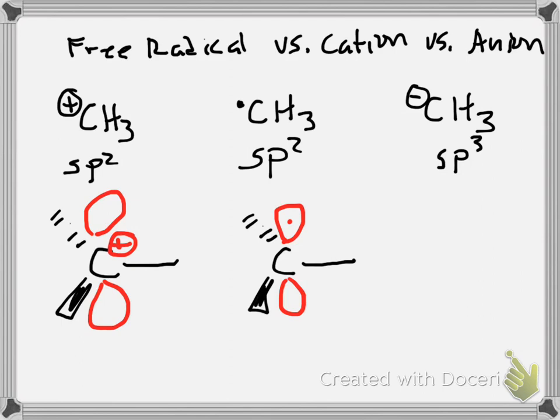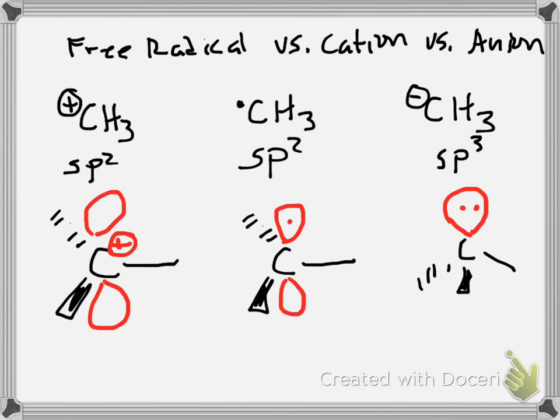For the anion, which is sp3 hybridized, the orbitals are arranged in a tetrahedral fashion, and I'm just going to show explicitly one of the sp3 hybridized orbitals. And this one has a lone pair of electrons in it.